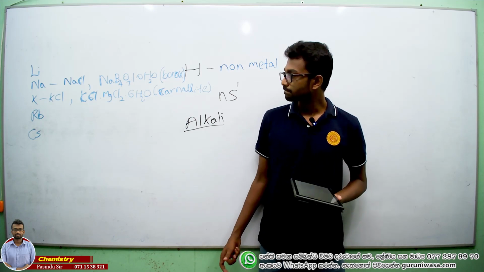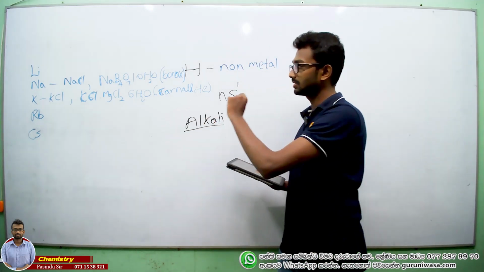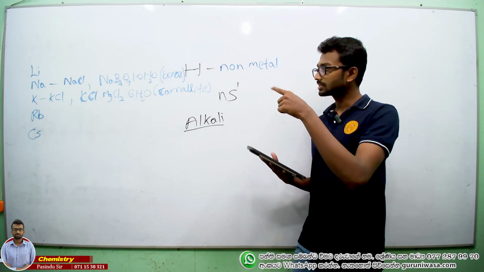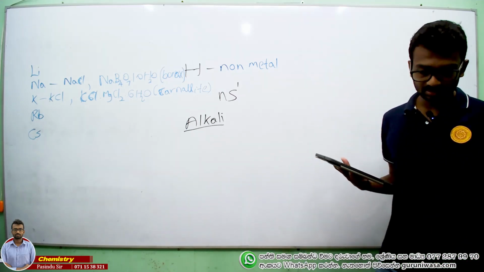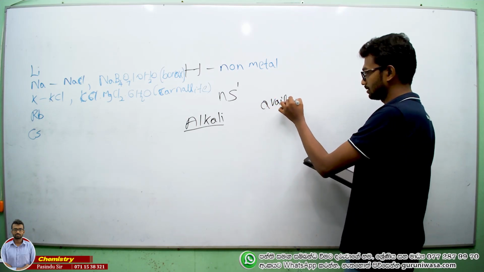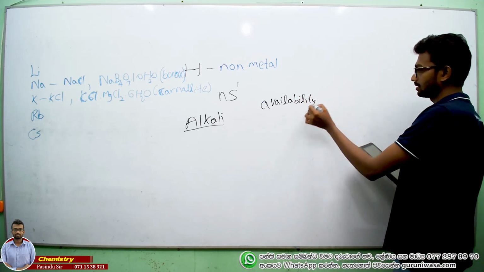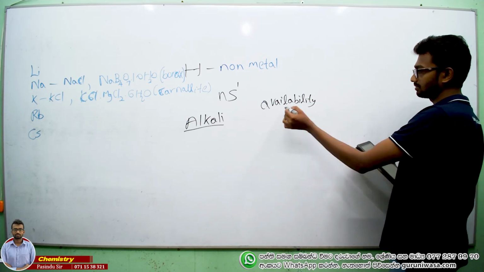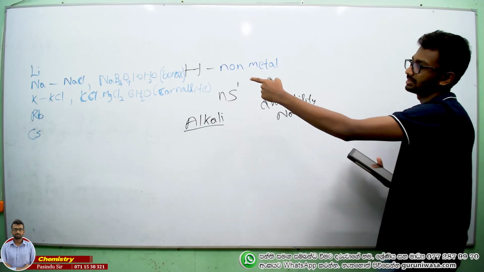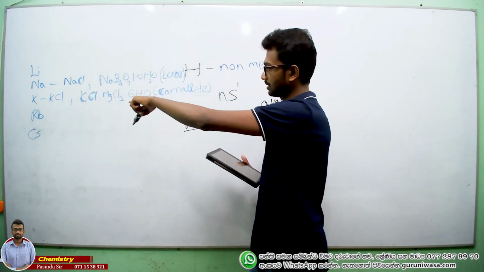Then just write availability, and in front of that or under that write sodium, then a short line: NaCl, borax.